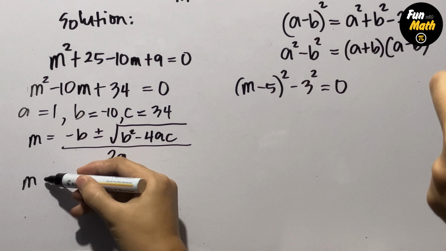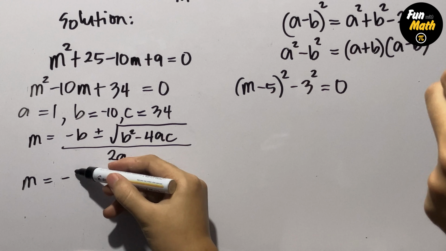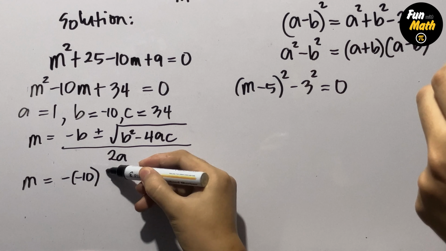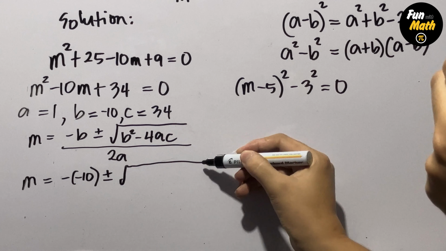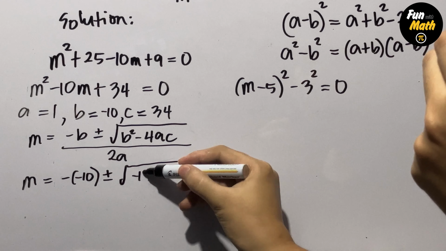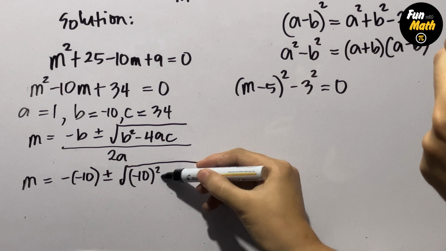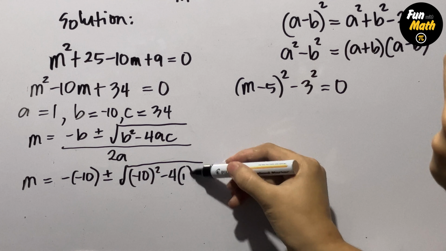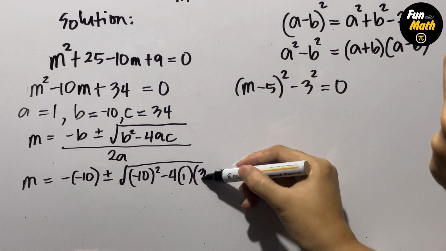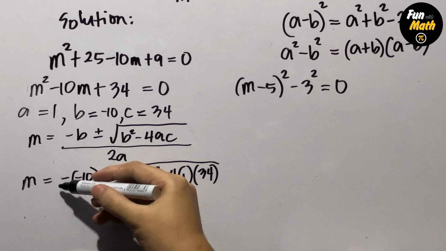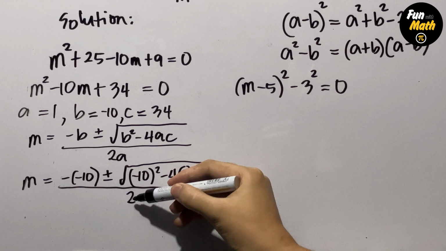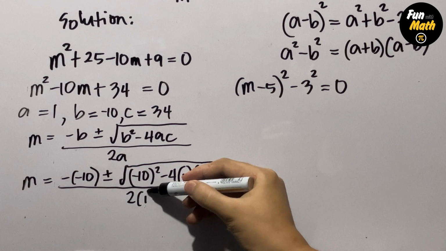Now let's substitute. We have m is equal to negative times b, that is negative 10, plus or minus the square root of b^2, that is negative 10 squared, minus 4 times a, that is 1, times c, that is 34, all over 2 times a, that is 1.